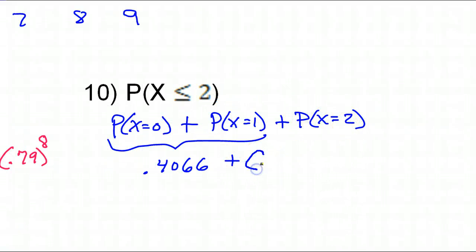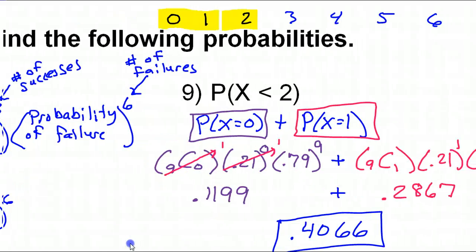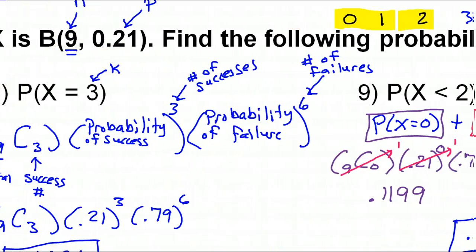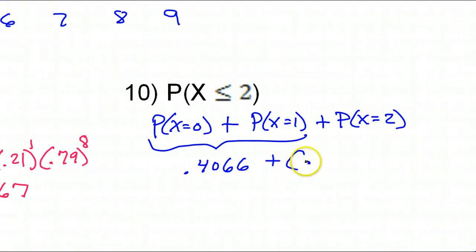And so back to the formula. Remember, it's still a total of 9. That part doesn't change. Okay, n is 9 no matter what. So this is going to be, all right, why did I make the parentheses look like a C? Let me fix that, parentheses. All right, so I'm doing 9 choose. Now I want 2 successes. So 9 choose 2.